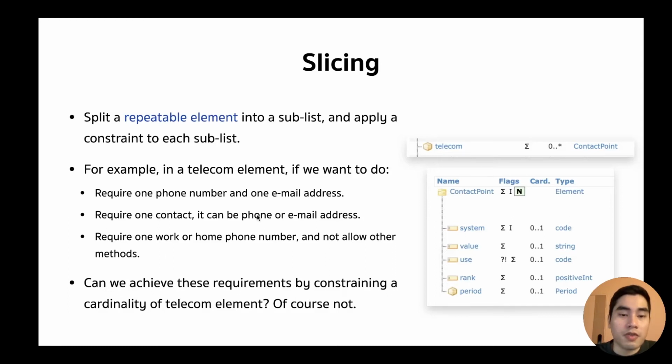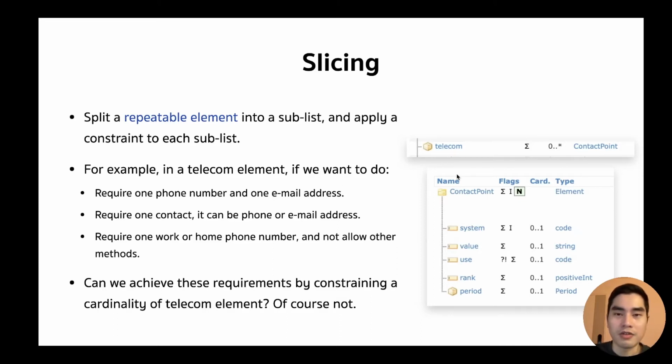So from this requirement, can we achieve it by constraining the cardinality? How can we constrain a telecom to have one phone number and one email address? Yeah, maybe we can fix the value here in the system element to be phone or to be email.